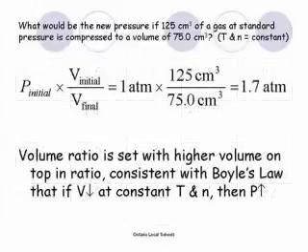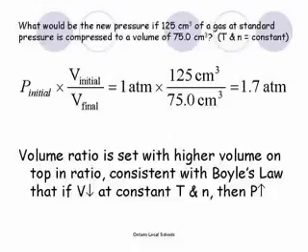Since we've predicted that the pressure had to have increased for the volume to decrease, we're going to take the initial pressure and multiply it by the ratio of the volumes that would be greater than 1. So we will put our initial volume on top, our final volume on the bottom. So we have 1 atmosphere times the ratio of 125 cubic centimeters divided by 75 cubic centimeters.